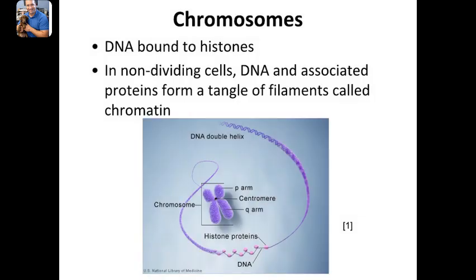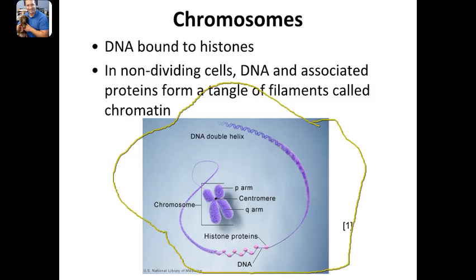Chromosomes are bound to those proteins called histones, and in cells that don't divide, DNA and associated proteins form what's called chromatin. So if this is the nucleus, this is the cell right here. This is the nucleus. Chromatin is just loose genetic material all coiled up within the center of that nucleus.